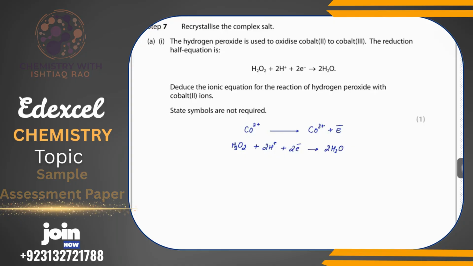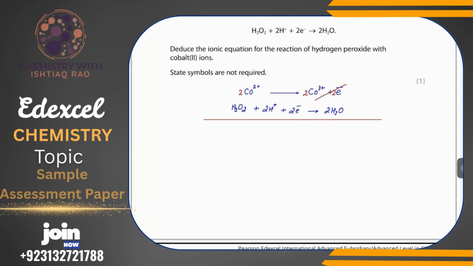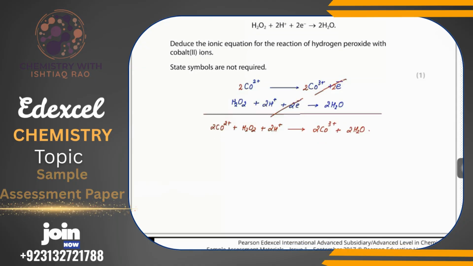I'm going to multiply the cobalt equation by 2, then add. I would be getting 2Co2+ plus H2O2 plus 2H+, giving 2Co3+ plus 2H2O. That's it.